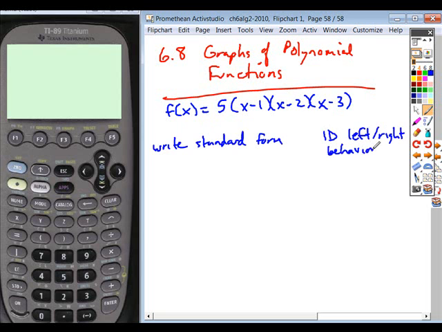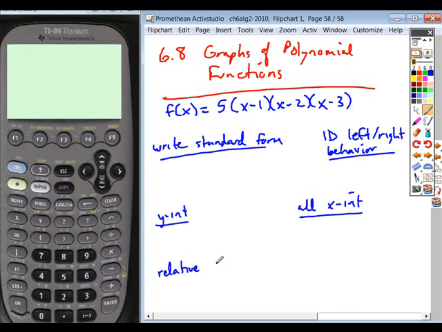I'm going to ask you to identify the left and the right behavior of the graph. I'm going to ask you to find the y-intercept. I'm going to ask you to find all x-intercepts. And then I'm going to ask you to find the relative minimums and all relative maximums.